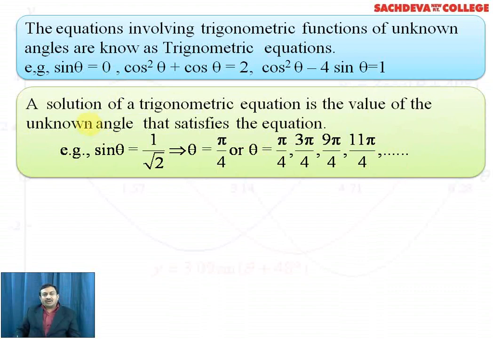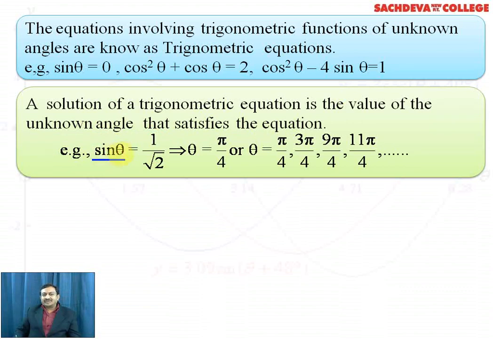Now what is the solution of this type of trigonometric equation? A solution of a trigonometric equation is the value of the unknown angle that satisfies the given equation. For example, sin theta is equal to 1 by root 2 is a trigonometric equation. The unknown angle is theta here.